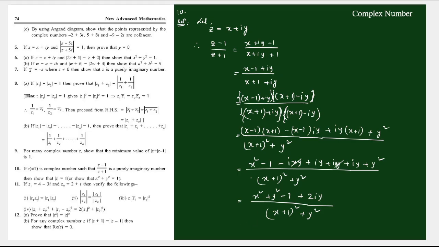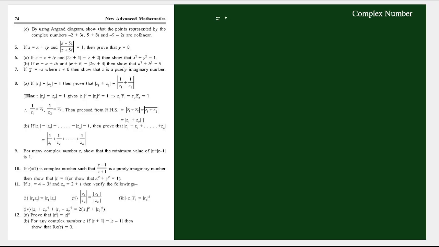So what do we get? x square plus y square minus 1, below we get x plus 1 whole square plus y square, plus 2iy over the same denominator, right?